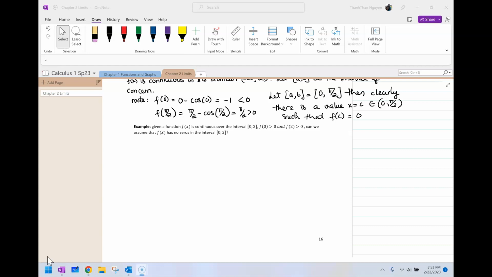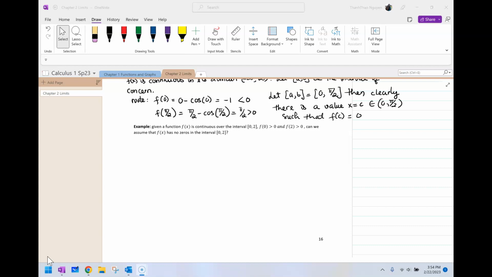We cannot assume that's the case because the intermediate value theorem only allows us to conclude that we can find a value between 0 and 2. It doesn't allow us to conclude that we can't find other values.